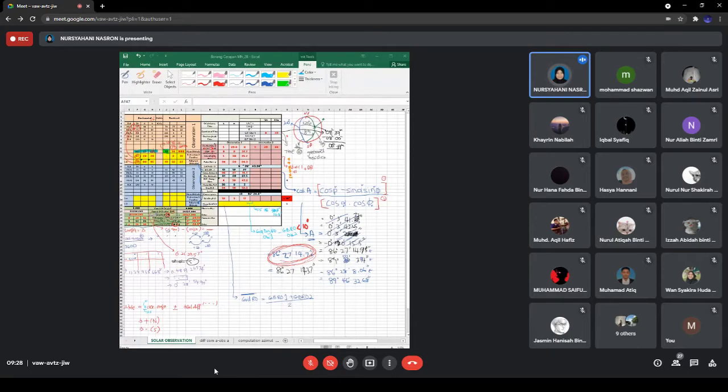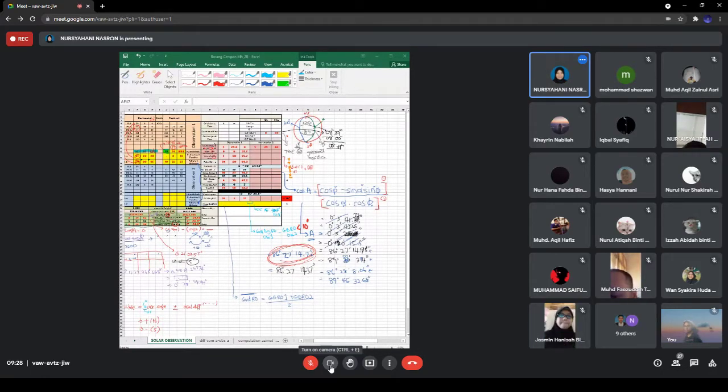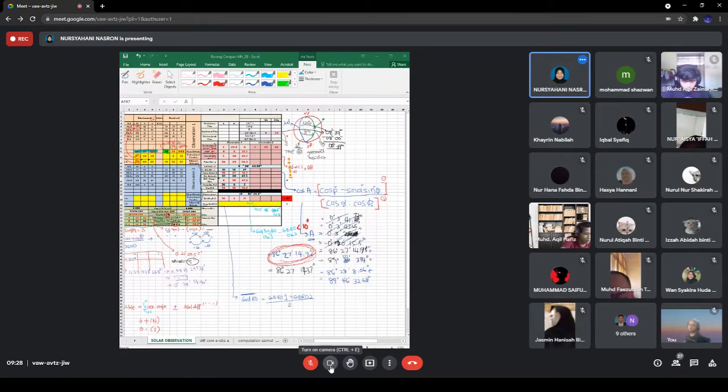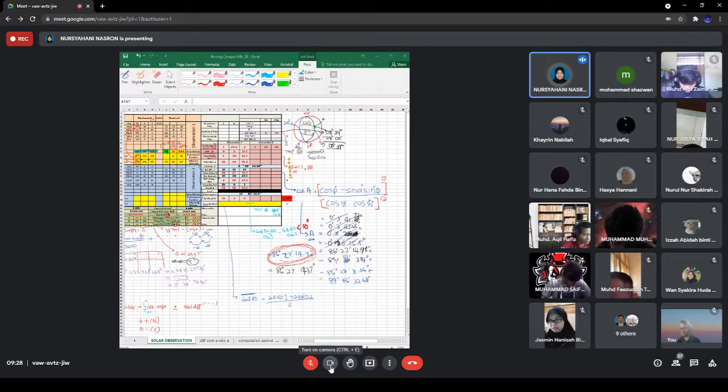Cuba on kamera kamu supaya saya nampak. Yang lain? If you have any question, you can ask. Saya jawab. Saya boleh ulang balik apa yang kamu nak tanya. I will repeat again the calculation.